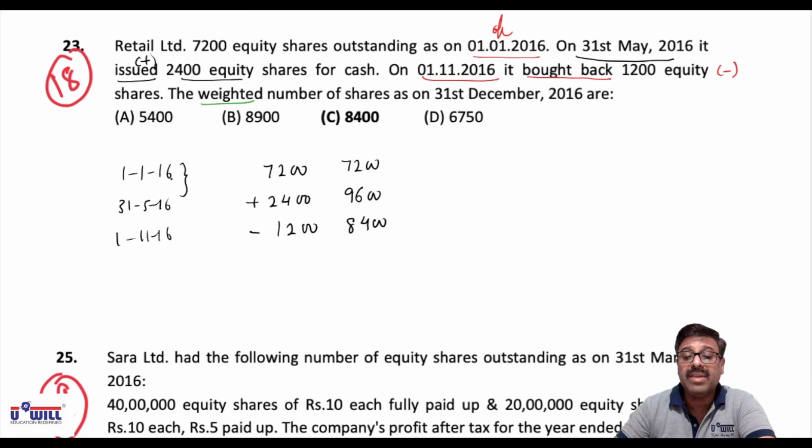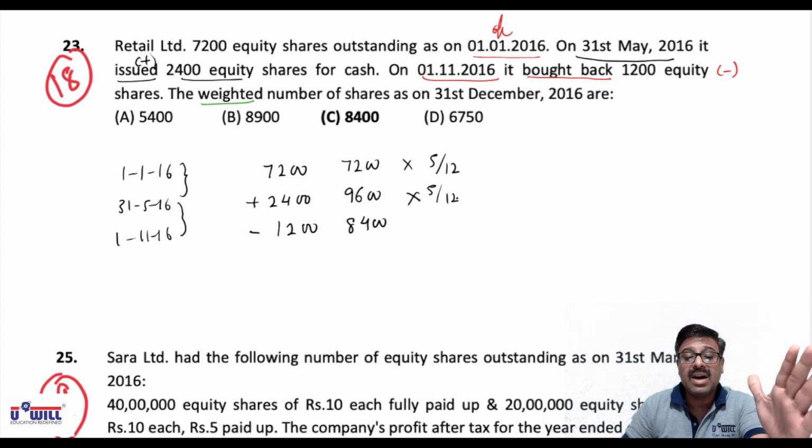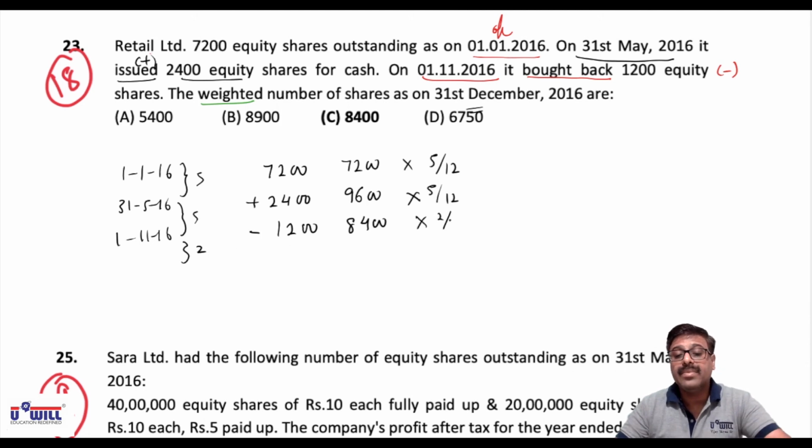January to end of May, 5 months, 5 by 12. Then June to October, or 1st November, so November is not included. So June, July, August, September, October, 5 months. And again the year ending is December. So after that, November and December, these are 2 months. So 2 by 12. Counted everyone.